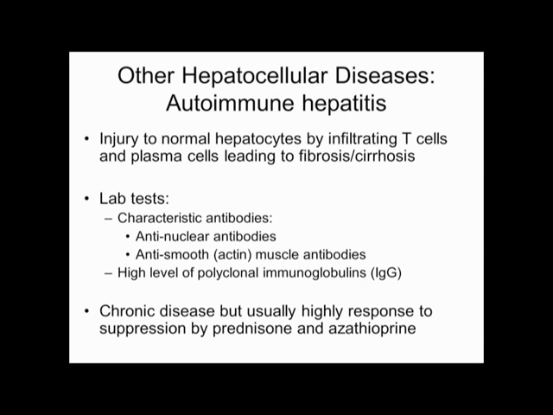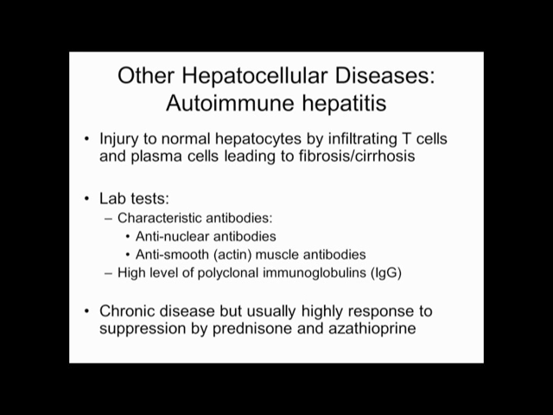So I was just going to mention quickly autoimmune hepatitis, because this is inflammatory, but it's not a virus. It's an autoimmune disease with T cells and plasma cells leading eventually to chronic disease. There are some antibodies that are characteristic. They're not absolutely diagnostic, but you look for anti-nuclear antibody and anti-smooth muscle. And you usually have a lot of polyclonal immunoglobulin.